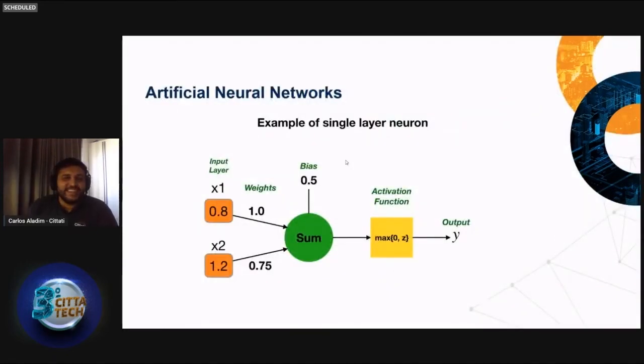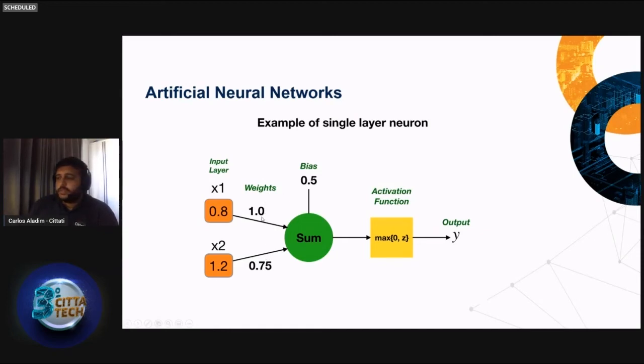So let's see how artificial neural networks work. For this, I will give a practical example of how a single layer neuron works. We have here an example where the inputs are 0.8 and 1.2, and the weights here are defined.